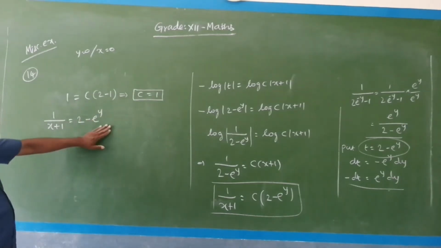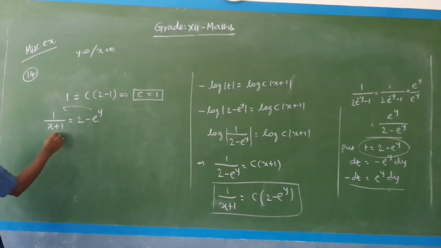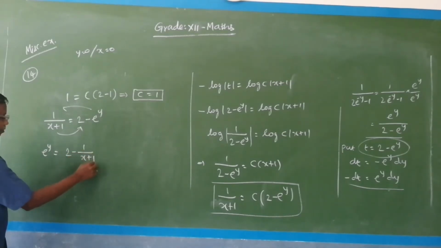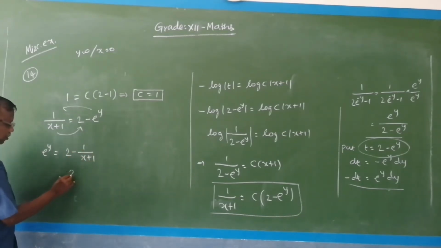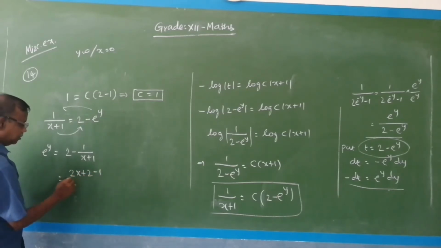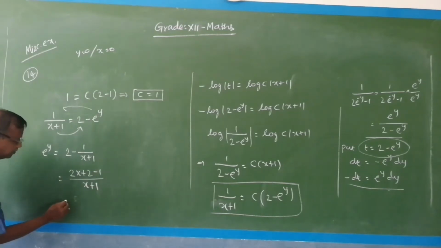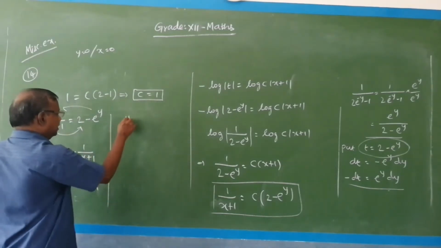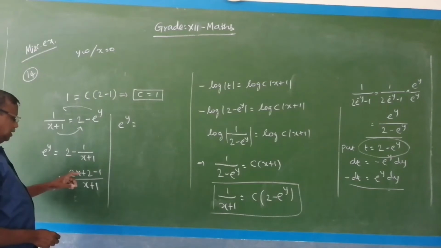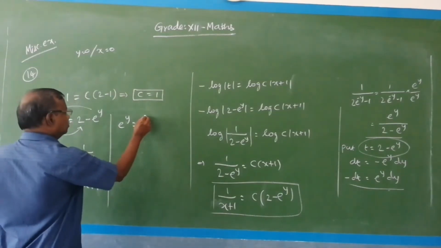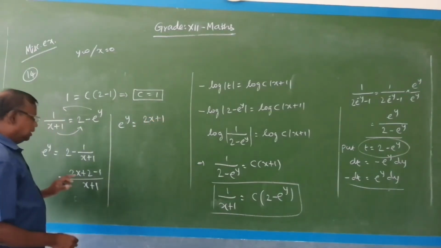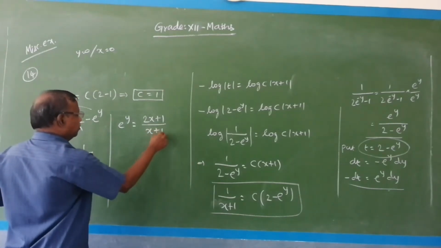So, bring the e power y here and bring this 1 by x plus 1 to the right side. So, e power y equal to 2 minus 1 by x plus 1. Taking LCM, 2x plus 2 minus 1 divided by x plus 1, so e power y equal to 2x plus 1 divided by x plus 1.